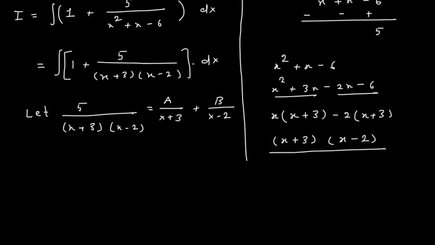Okay, so I will cross multiply and I will get, therefore, 5 is equal to, the denominator will cancel, 5 is equal to a into x minus 2 plus b into x plus 3.